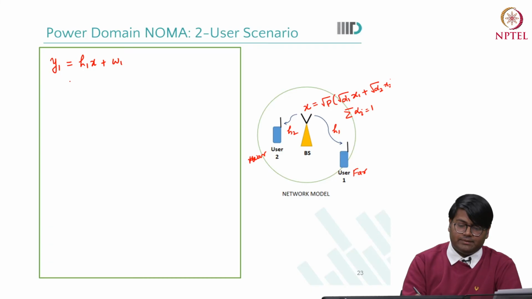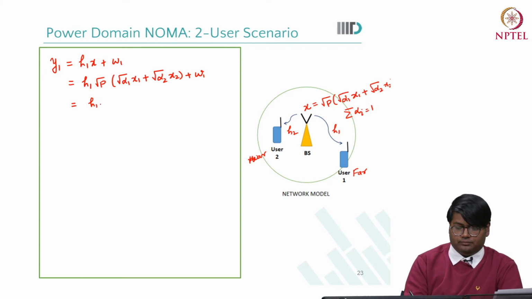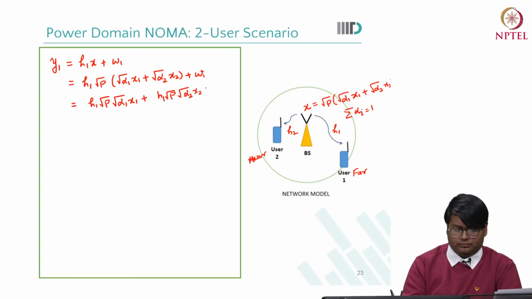If we further simplify this received signal, we can obtain H1 So this is my noise component. This is my desired and dominating part.